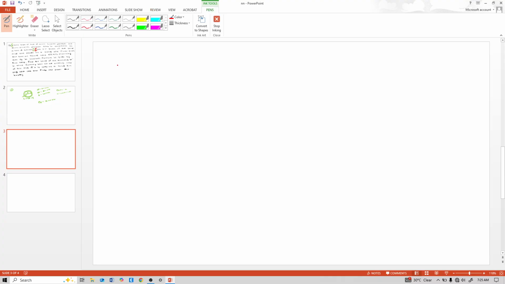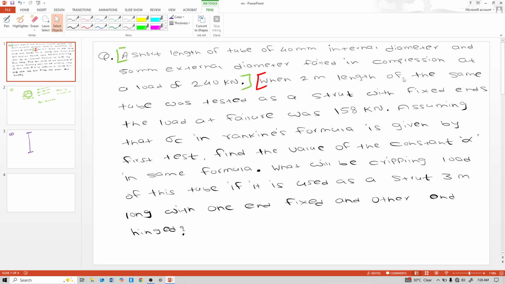Now this second is one end fixed and other is also fixed.